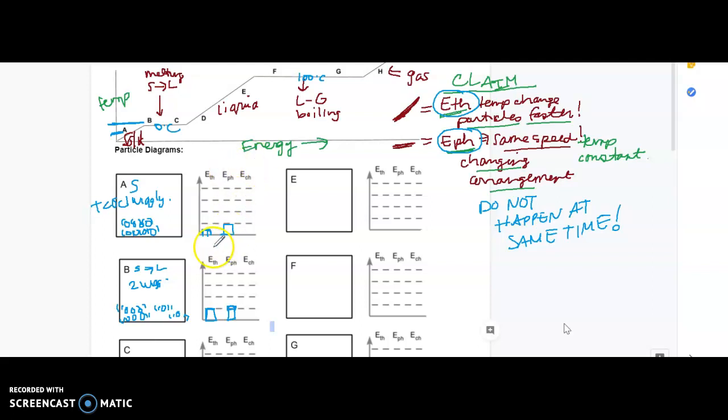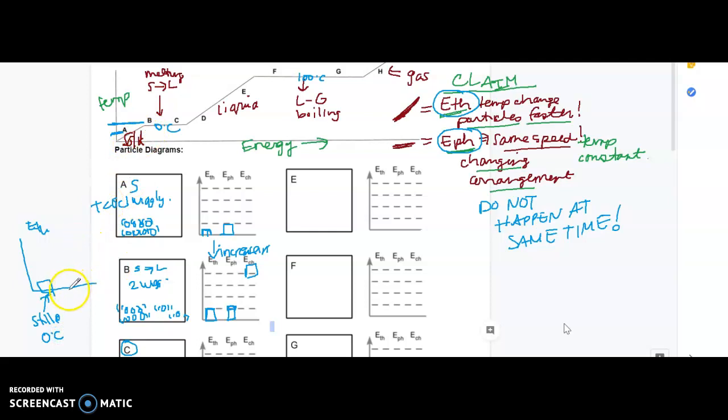The important thing is there's an increase in boxes, because I'm adding energy into the system. When I go to C, you can't really see it on here, so I'm just going to draw it over here. C is at the same temperature. So when you draw the one for C, it's still at 0 degrees Celsius.